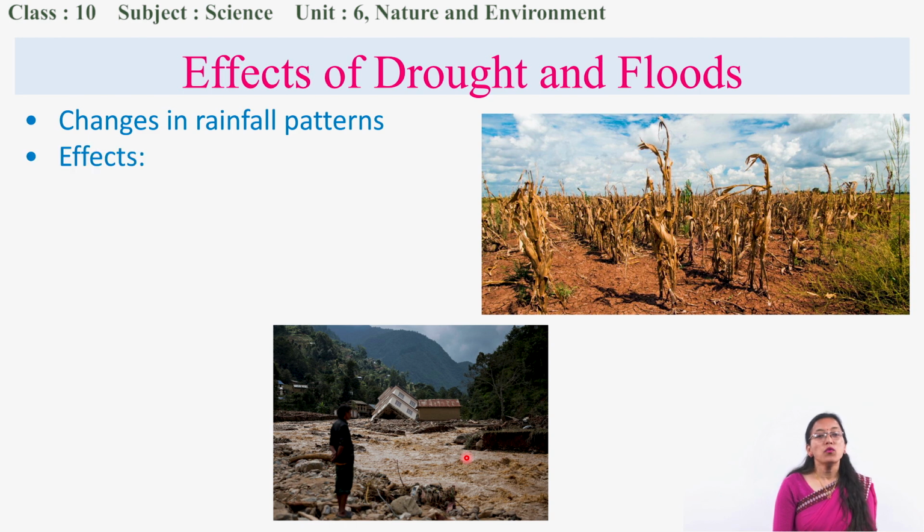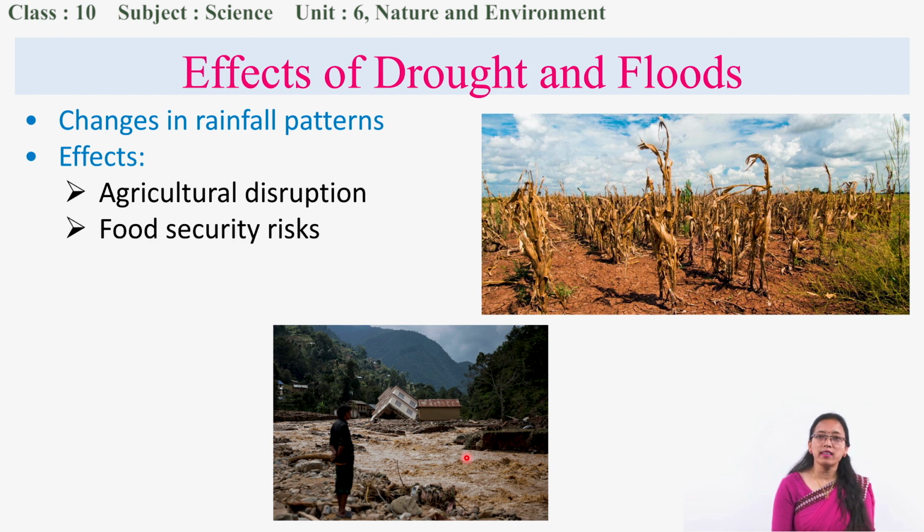And what are the effects we see? Agricultural disruption, food security risk. If there is agricultural disruption, then what happens? The food security will be very less. That means all the agricultural land is flooded away or there is drought condition. What happens?